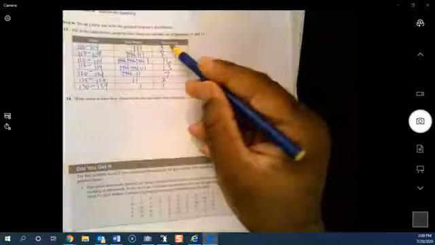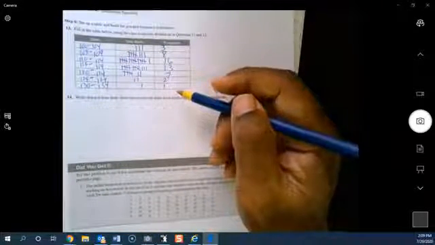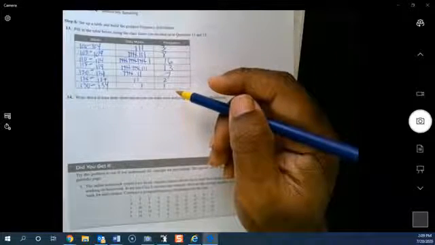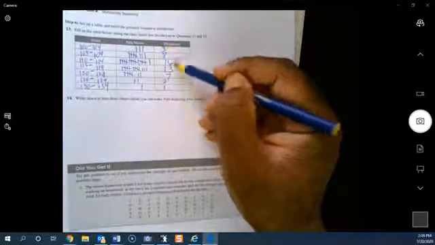Then we will have 7. Then we will have 2. Then we will have 1. Now, when you add all of your frequencies together, it should equal how many elements you had in here. In this case, it'll be the 50 states. So this should equal 50. So this would be 27, 30, 40, and that would end up being 50.